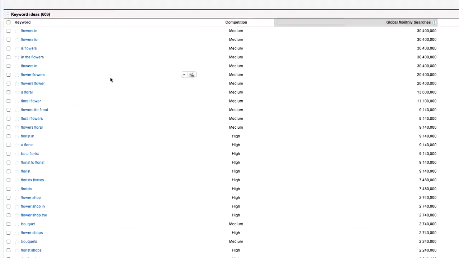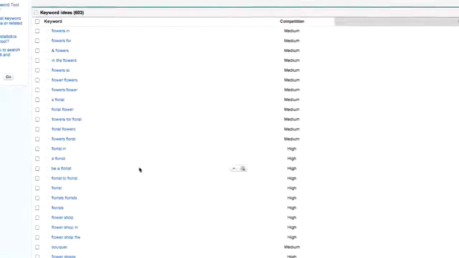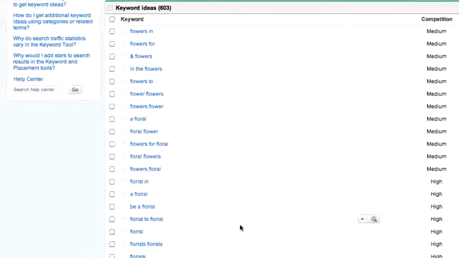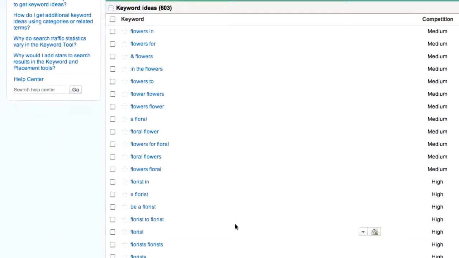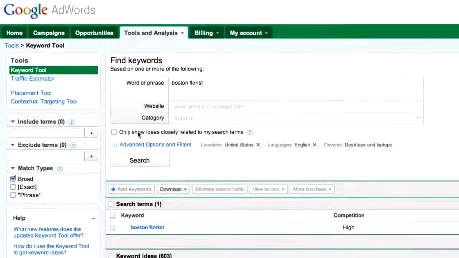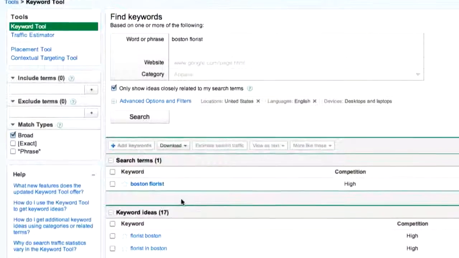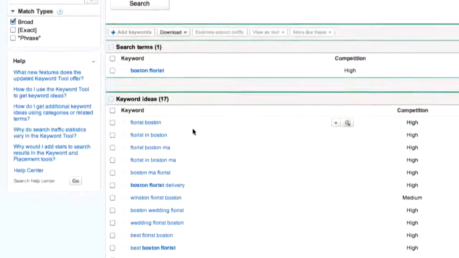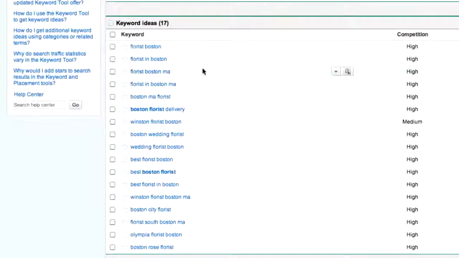But that's not going to do us much good, as this is far too general. However, we can scroll down this list and look for terms that are more targeted towards our business. I would say in our case, Boston is a must-have in the search term. So let's go back up here and select Only Show Ideas Closely Related to My Search Terms.